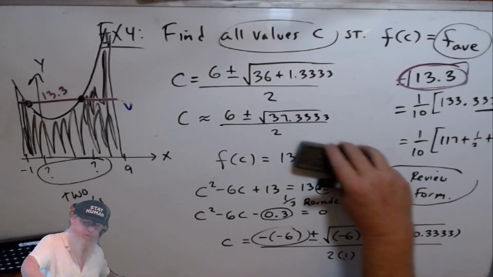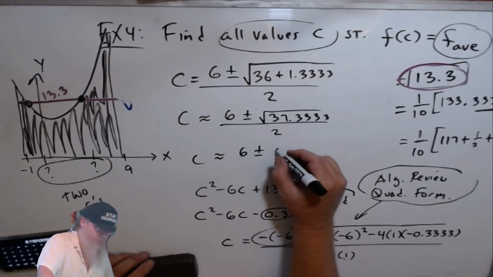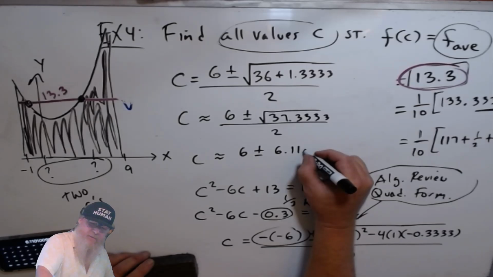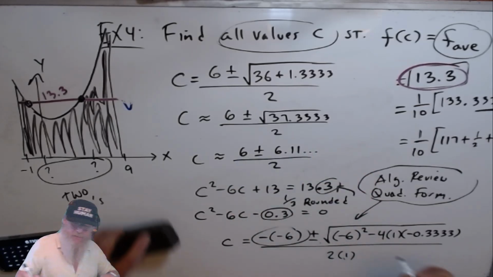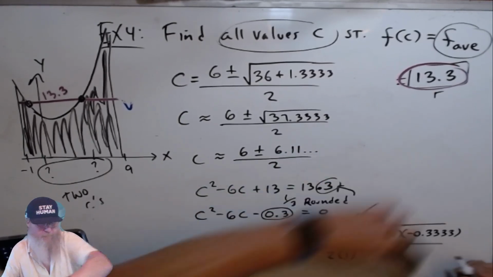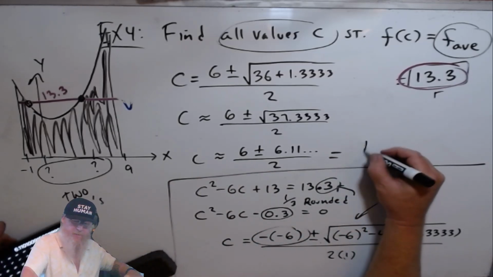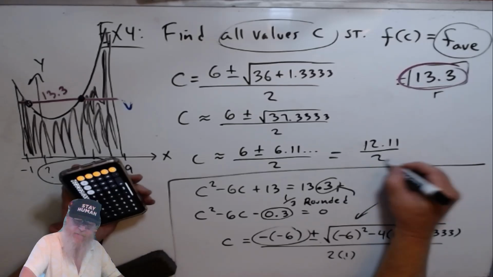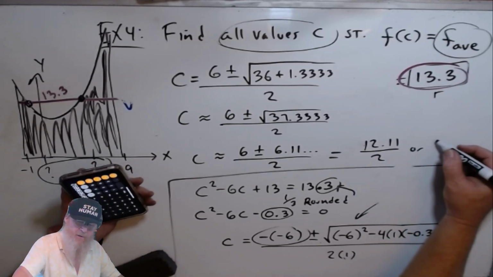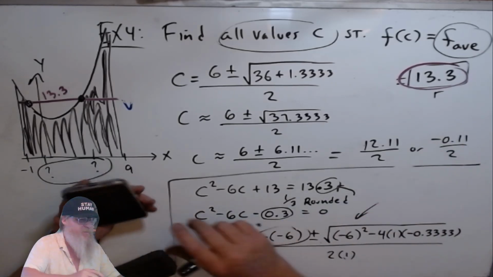I'm taking the square root. 6 plus or minus 6.11 and so on, divided by 2, which is 12.11 divided by 2, or negative 0.11 divided by 2.